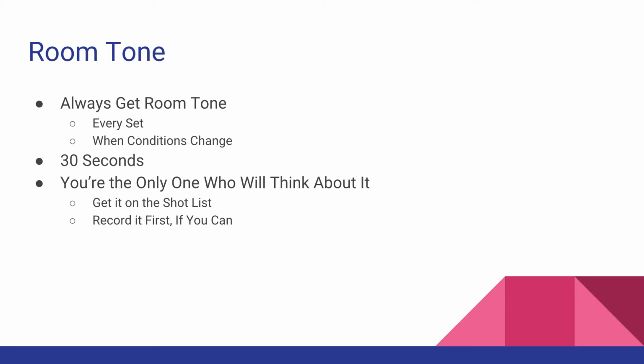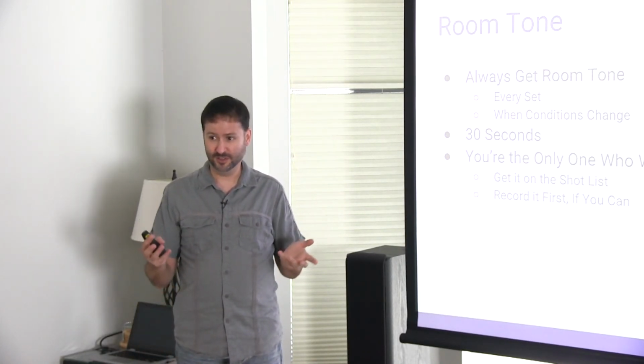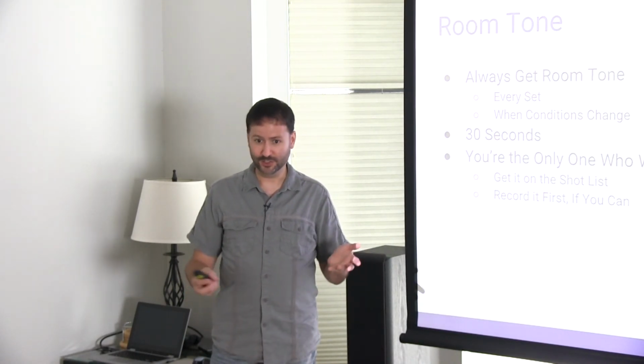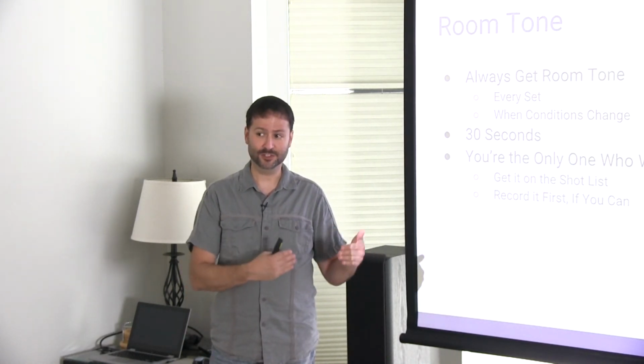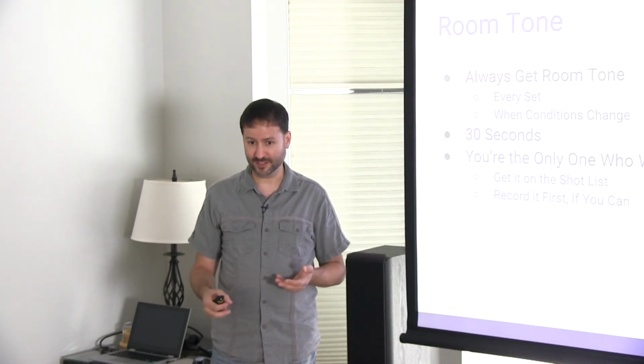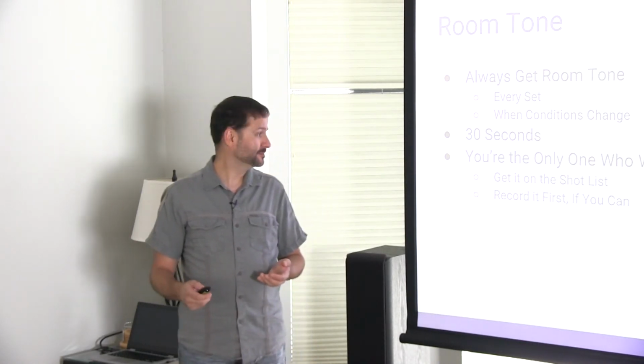Like I said, no one but you is thinking of it. If you've been doing a lot of collaboration with the director or the DP, you can ask them to add it to the shot list. But even that's not foolproof, because a lot of times people stop looking at the shot list.